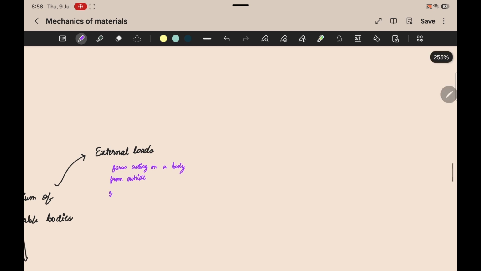In civil engineering, every structure is designed by first identifying this external load or loads.